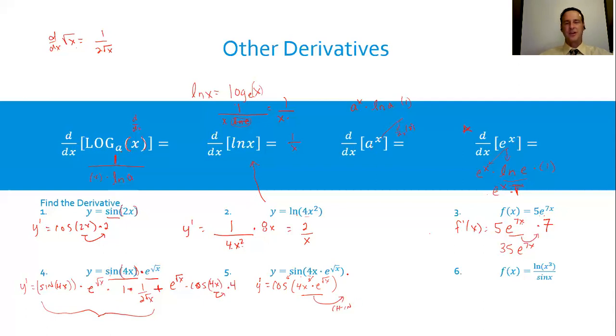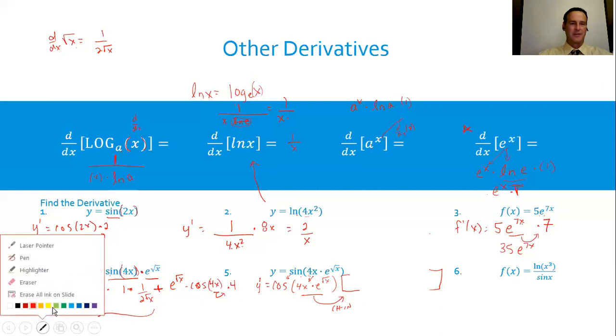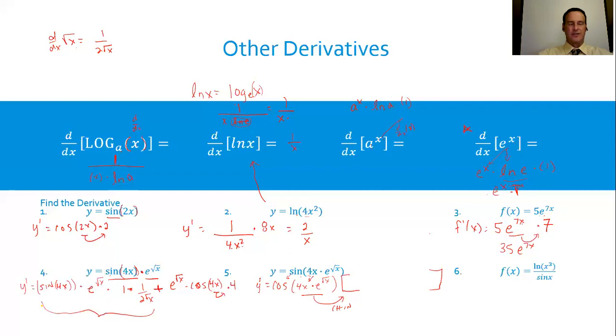Now this chain is bad. I'm going to put this in another color because it's long, and we'll do this in orange. So chain rule here. This is 4x, times this guy.